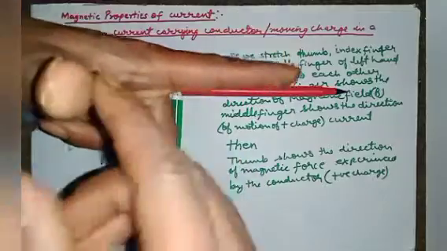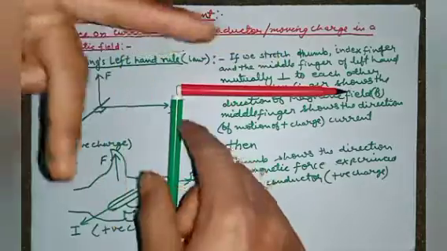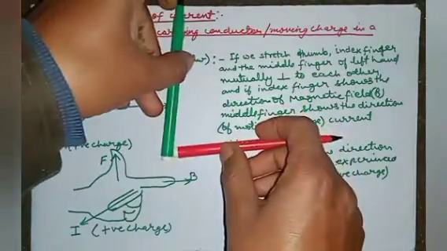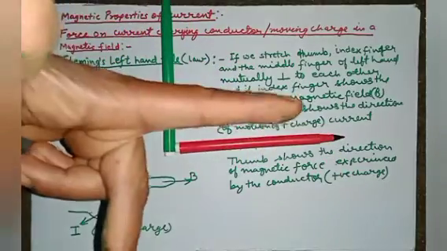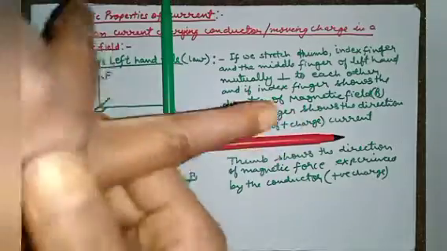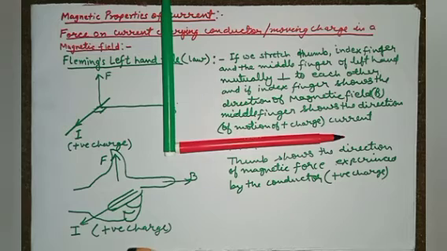According to the rule, the middle finger shows positive charge, and if negative charge is going this way, then we will assume that the corresponding positive charge is going in upward direction. And now in order to apply the rule, we have to turn our hand. So in case of negative charge, whatever be the direction of negative charge, we have to take the opposite direction and then adjust our hand accordingly, and by that we can easily find the direction of magnetic force.